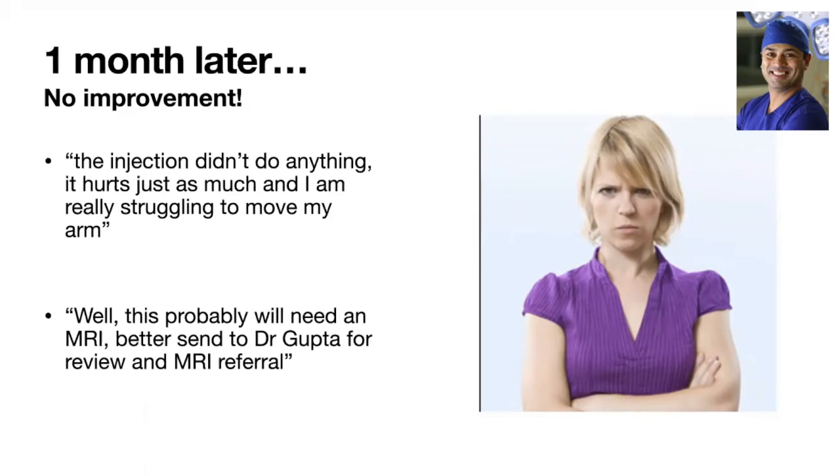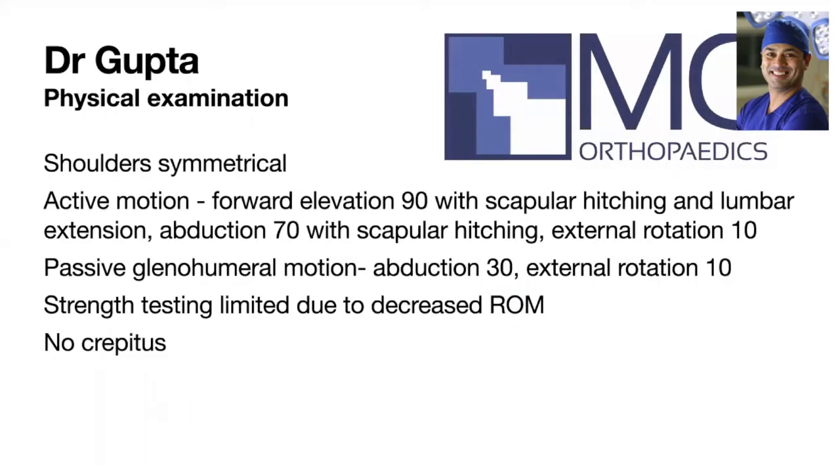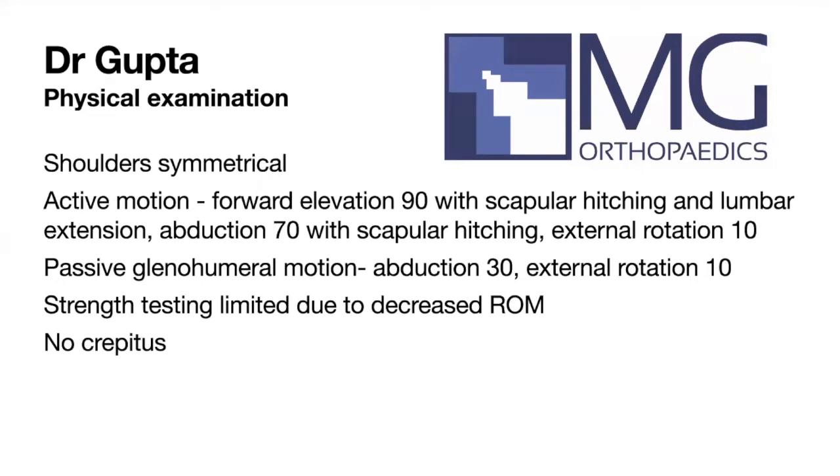Fair enough. So I see the patient in my office, and then I do a physical examination, and this is what the salient features of my physical exam are. That her shoulders are symmetric, that her active motion, she's able to elevate the arm in the forward plane up to shoulder height, but she really arches her back and hitches the shoulder blade to get there.